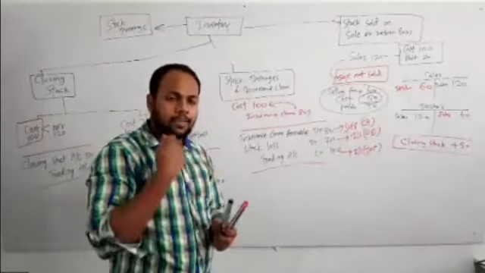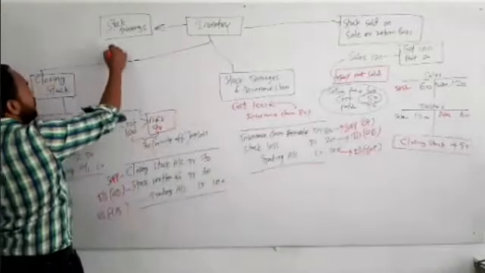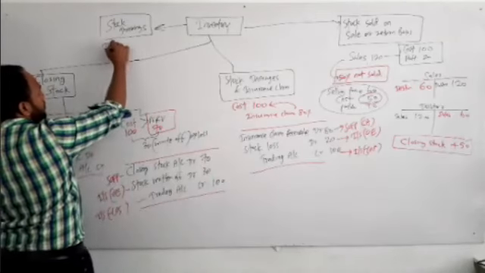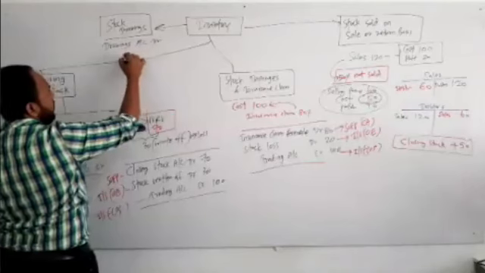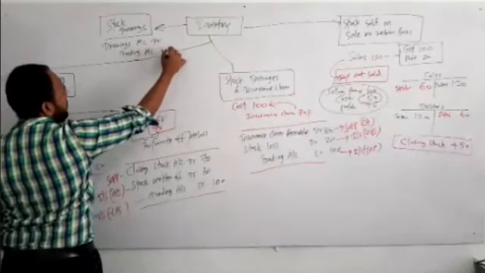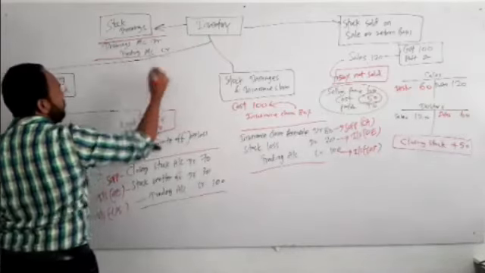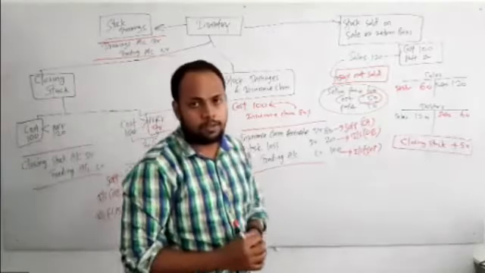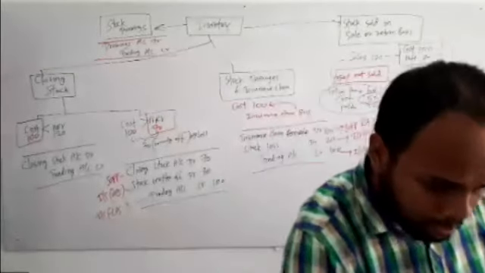If the owner takes goods from the business, the double entry will be drawings account debit and trading account credit. This is also before the closing stock. For the closing stock minus drawings, stock drawings.